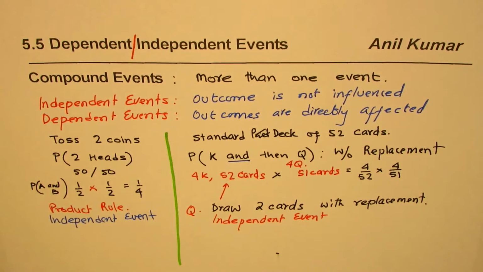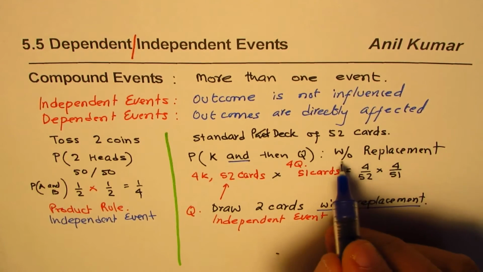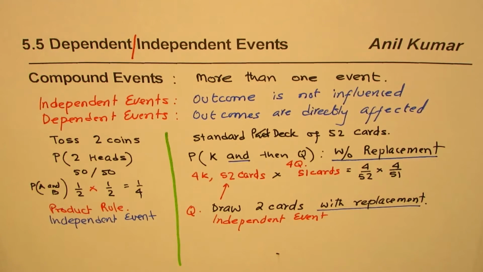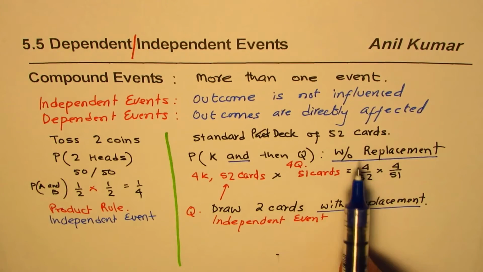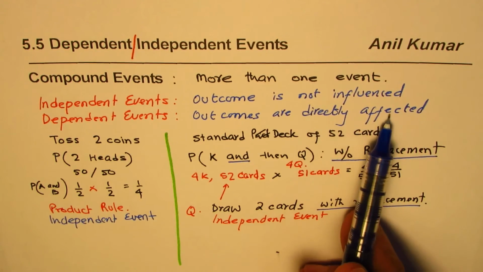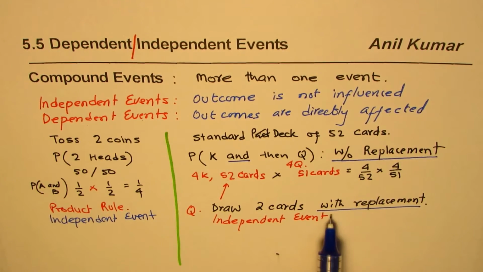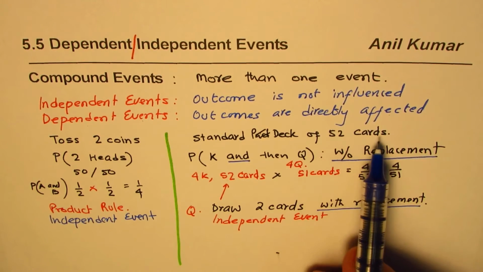So the keyword here is whether the card was replaced, with replacement or without replacement. When you combine these two events, if the cards are not replaced, then the outcomes are directly affected and therefore it is a dependent event. But if you replace the card, it's like a fresh deck of 52 cards.